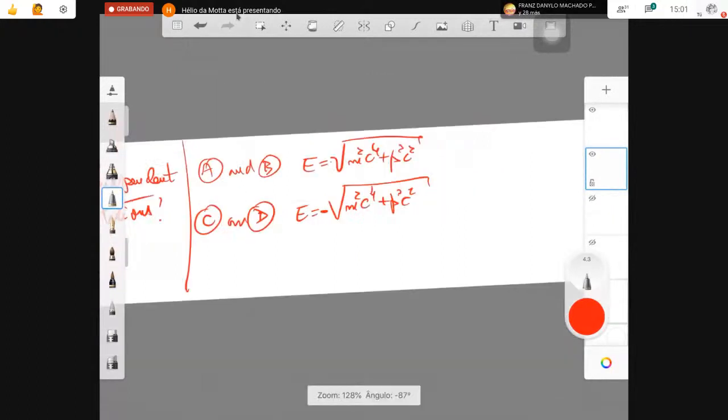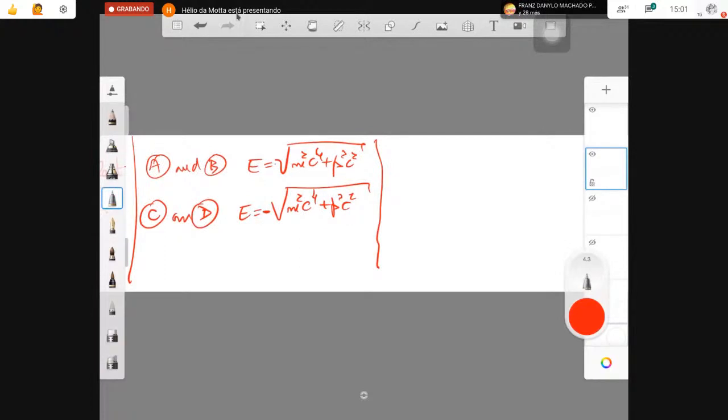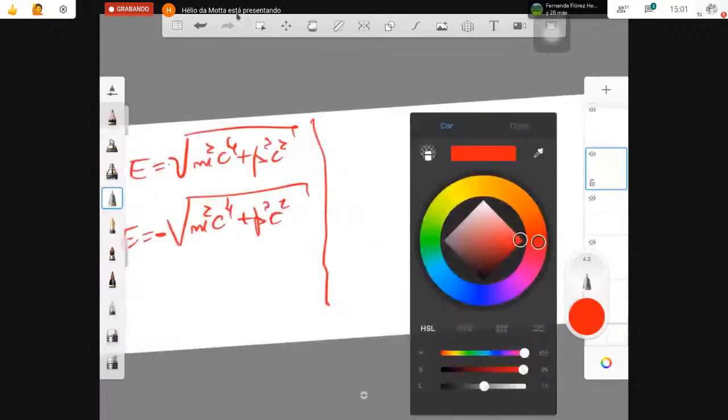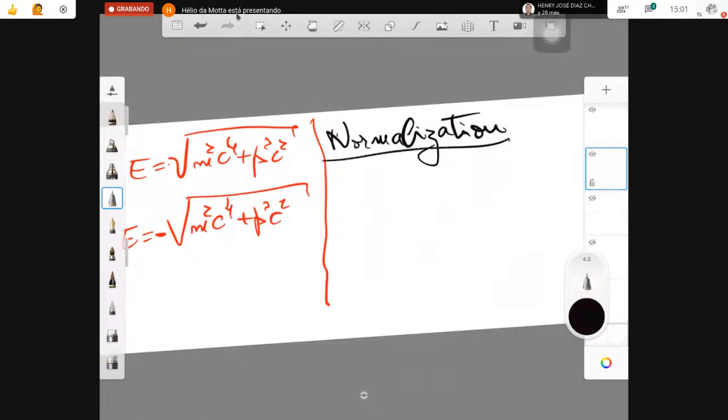As I mentioned before, you must normalize the thing. Because when you describe the particle, the integral of the position has to be 1. Now, I'm going to use a symbol.